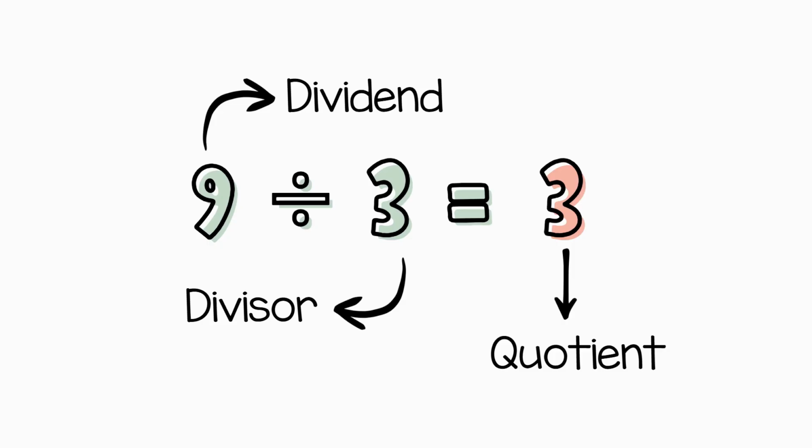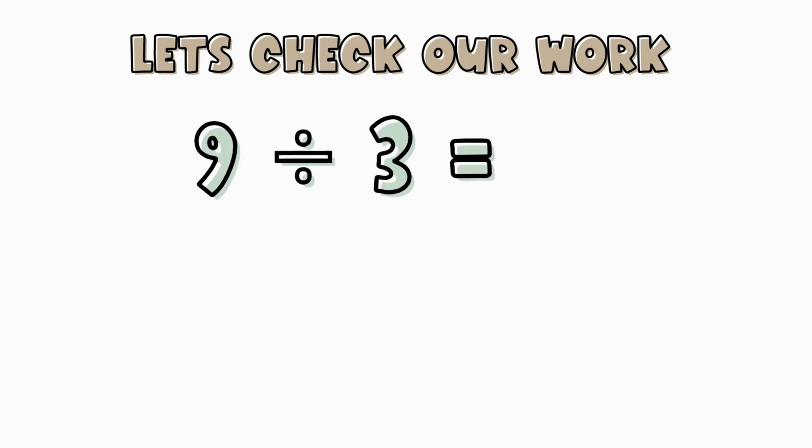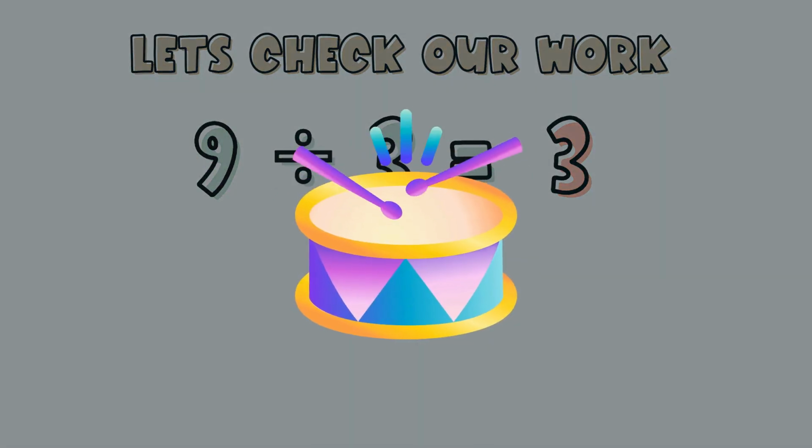So can you tell me what is the inverse operation for 9 divided by 3 equals 3? I'll wait for you to write your answers down. Again, I want to know what is the inverse operation or the operation flipped backwards for 9 divided by 3 equals 3.